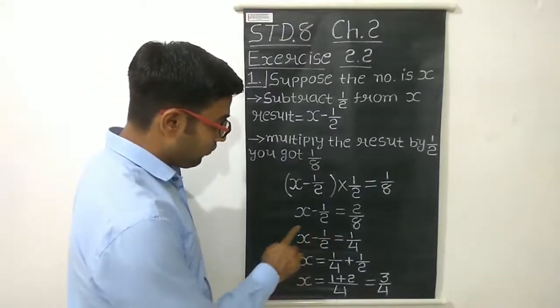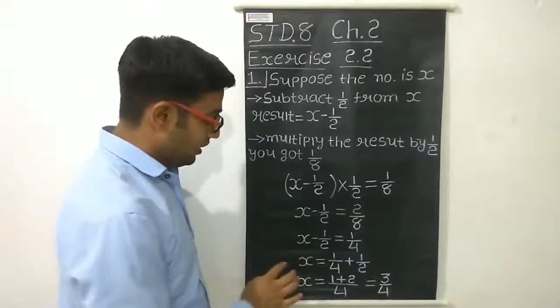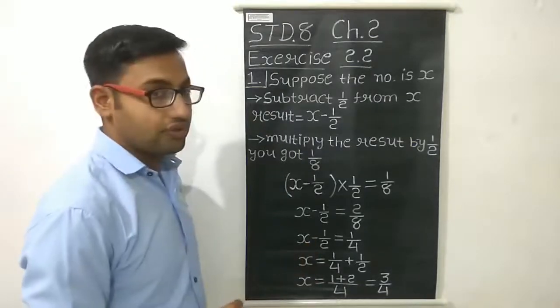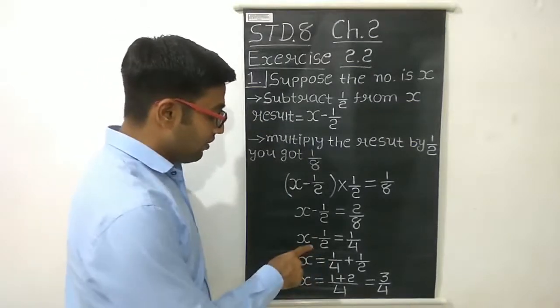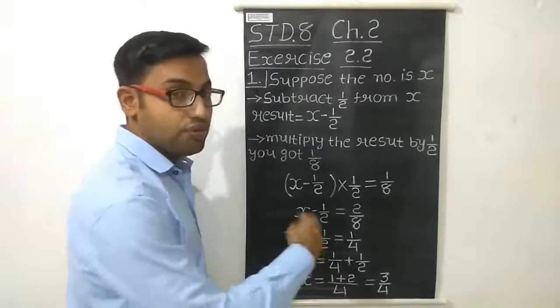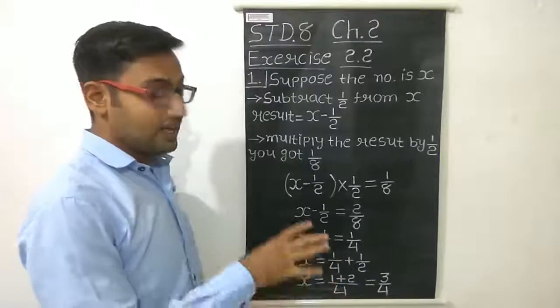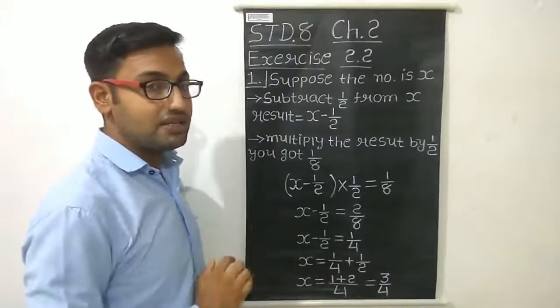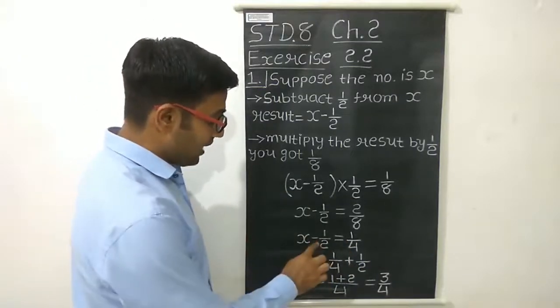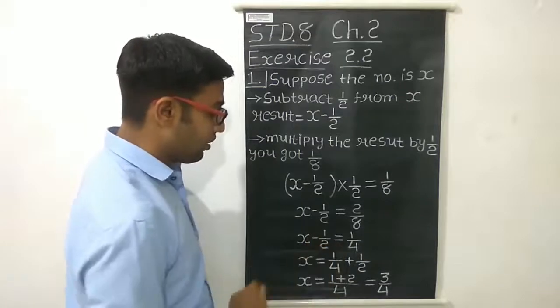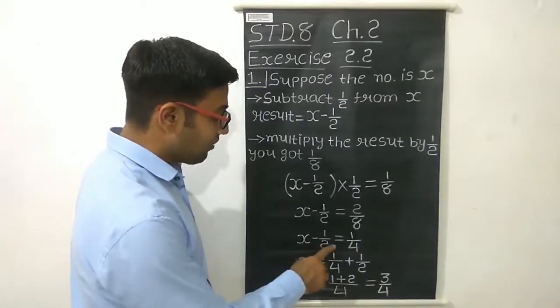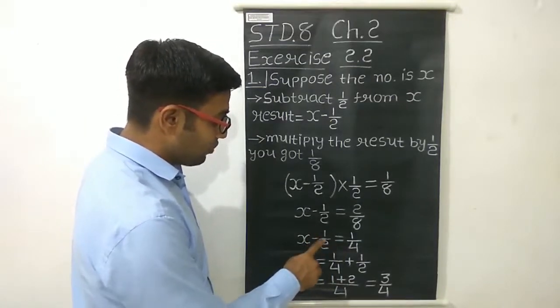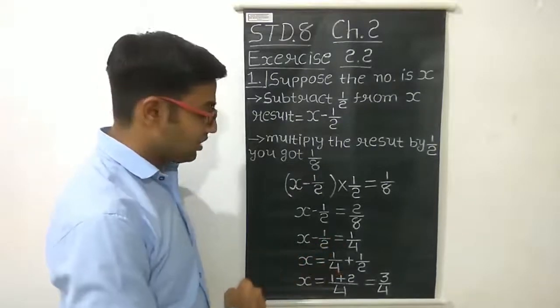Now again we want to find out the value of x only. Here minus 1 by 2 is there. So we have to add plus 1 by 2 on both sides, so that the equation remains balanced. By adding 1 by 2 on both sides, minus 1 by 2 and plus 1 by 2 will cancel out each other.